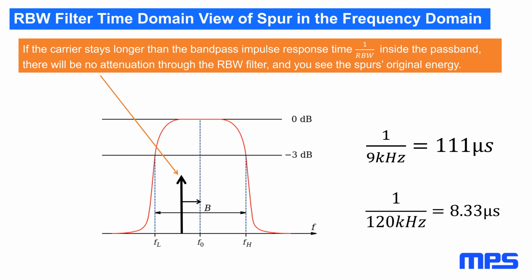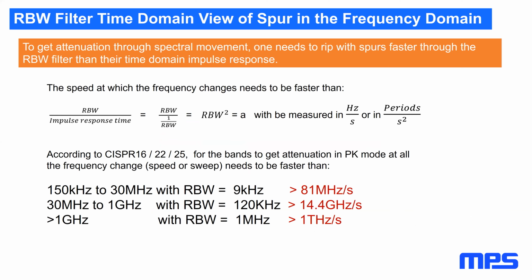And that has an impact on the type of modulation and the shape of modulation signals we can use. So in general, we can say that for 9 kilohertz receiver bandwidth, our carrier has to move faster than 81 megahertz per second. And at 120 kilohertz, it has to move faster than 14.4 gigahertz per second. So that's actually the change of frequency.